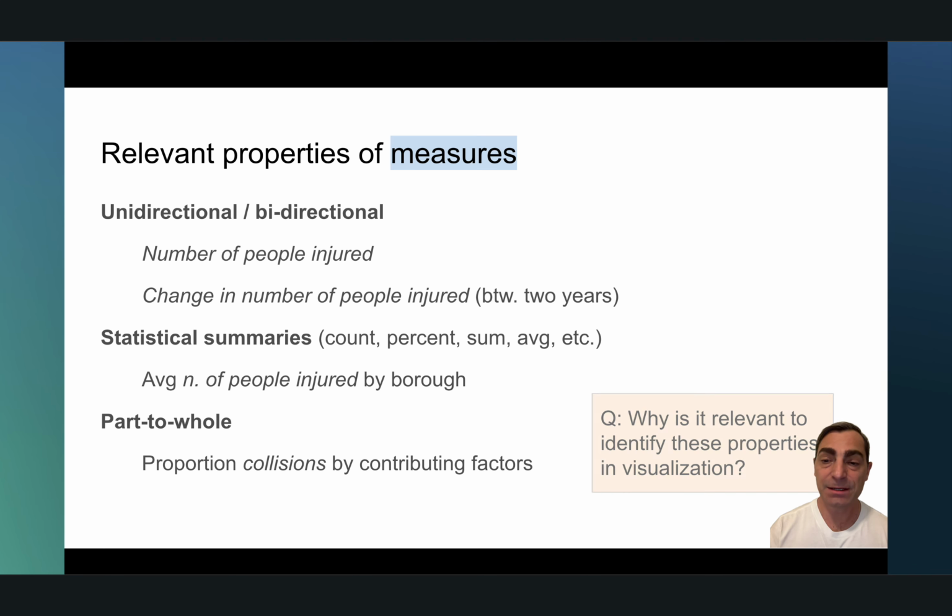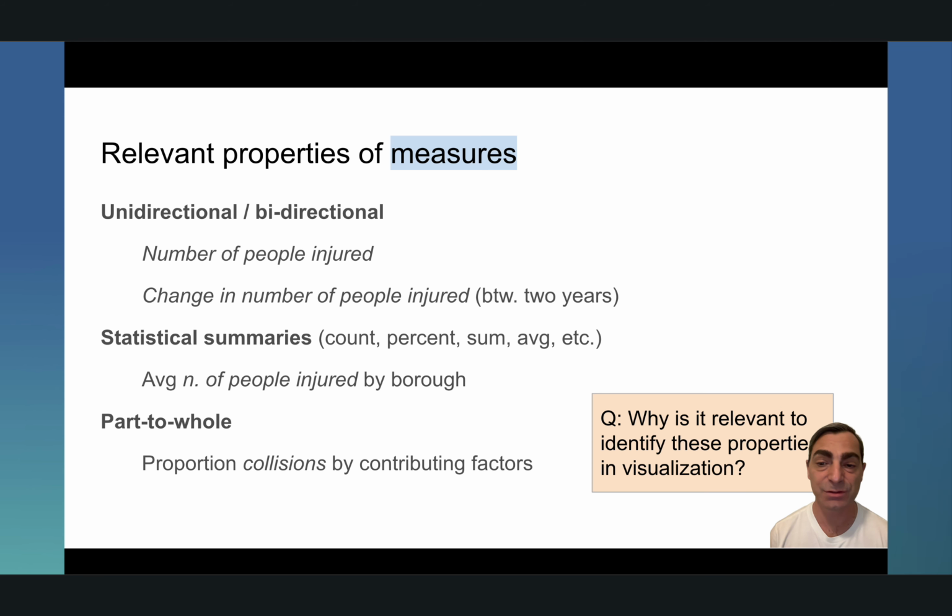Okay, once again, here you can ask yourself, why is it relevant to identify these properties in visualization? And the answer is, once again, that whether something is, for instance, unidirectional or bidirectional, if it's a statistical summary or not, or if it's a part to whole or not, has an impact on the way we will decide to represent this information.